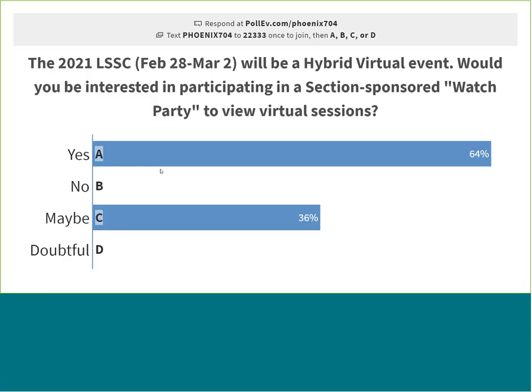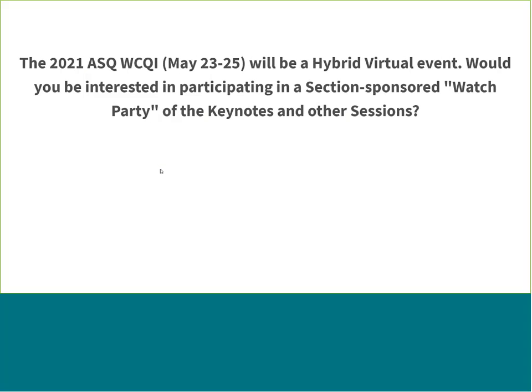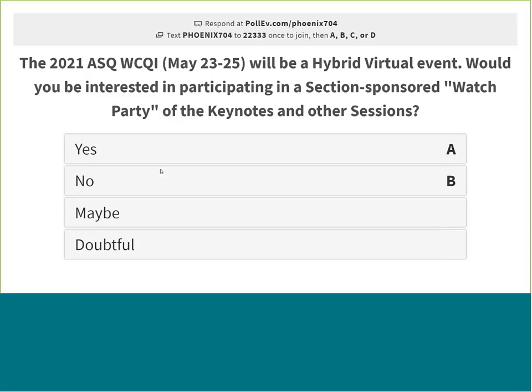And another question then is very similar, but about the upcoming World Quality Conference next May. So the 2021, this is May, so we're all thinking, well, hopefully we'll have a vaccine, or COVID-19 will somehow maybe die out or be less of a significant factor such that we can have a live event.